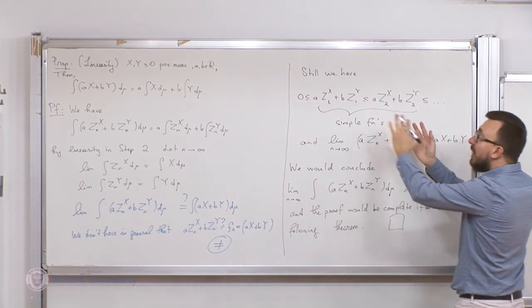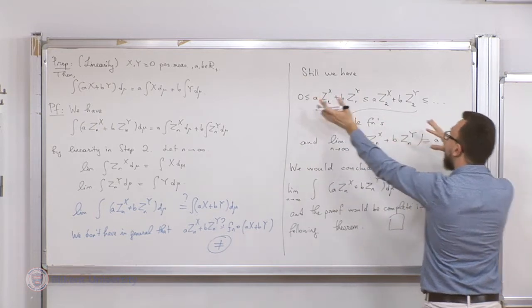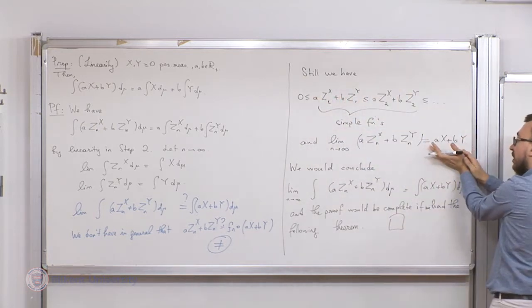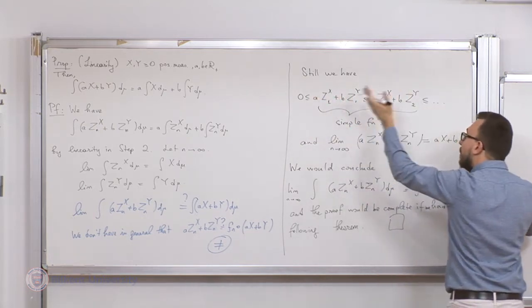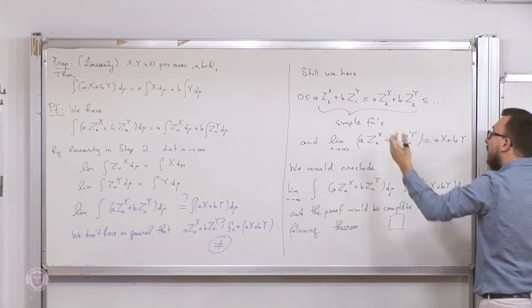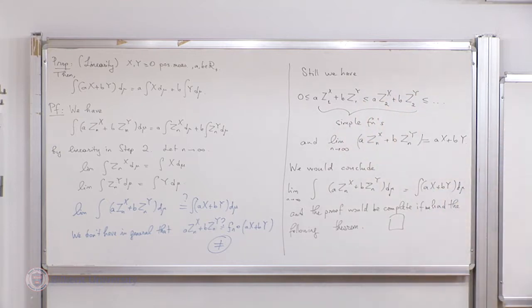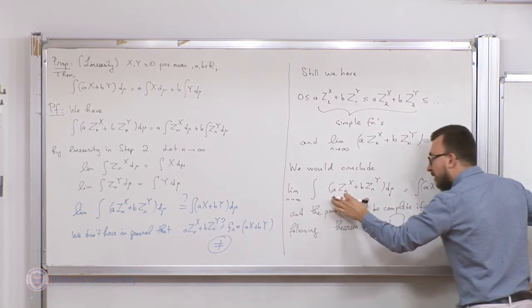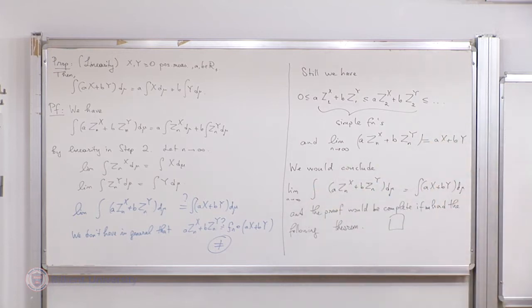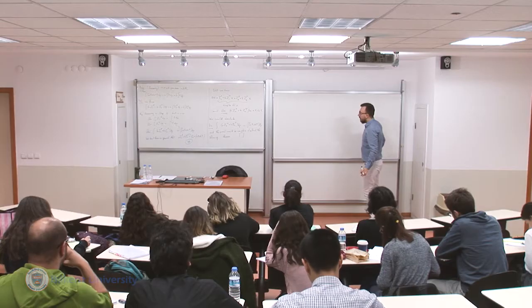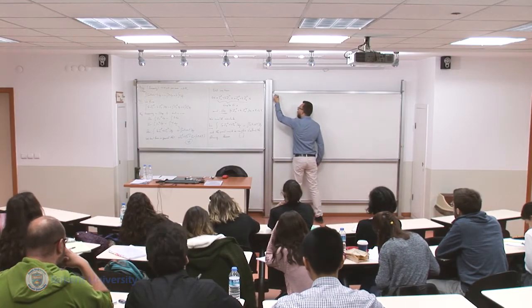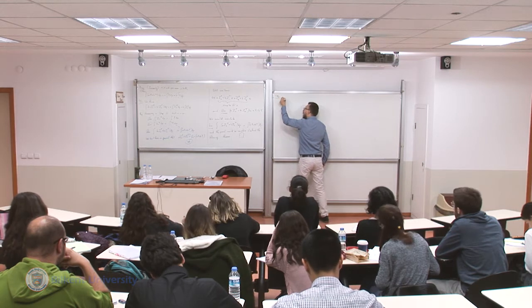If you have not the standard but any way of approximating a function in terms of a simple, positive and increasing sequence of functions, then the integrals of those simple functions converge to the integral of the original function. So that's going to be the main theorem of the day.